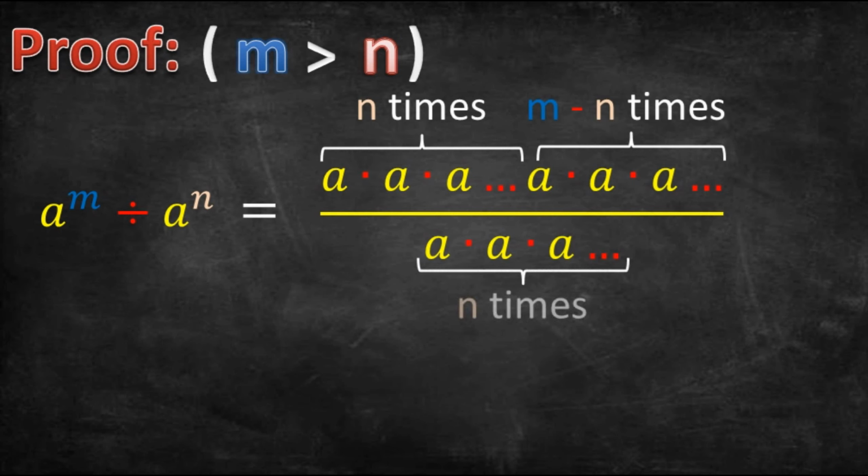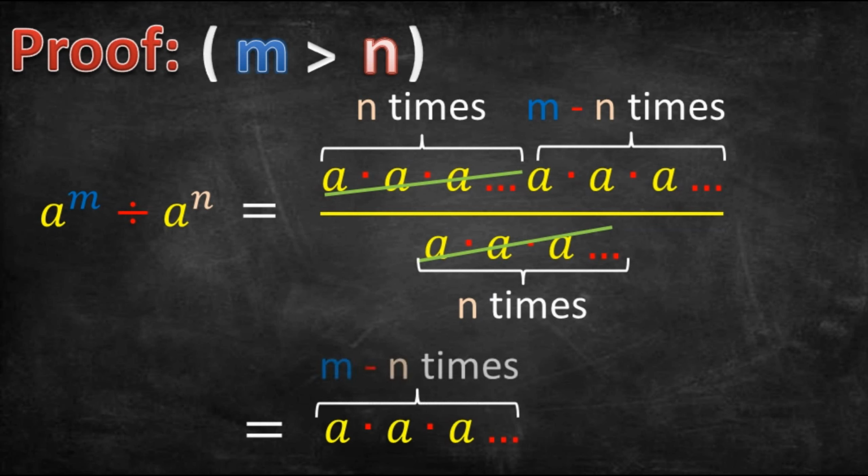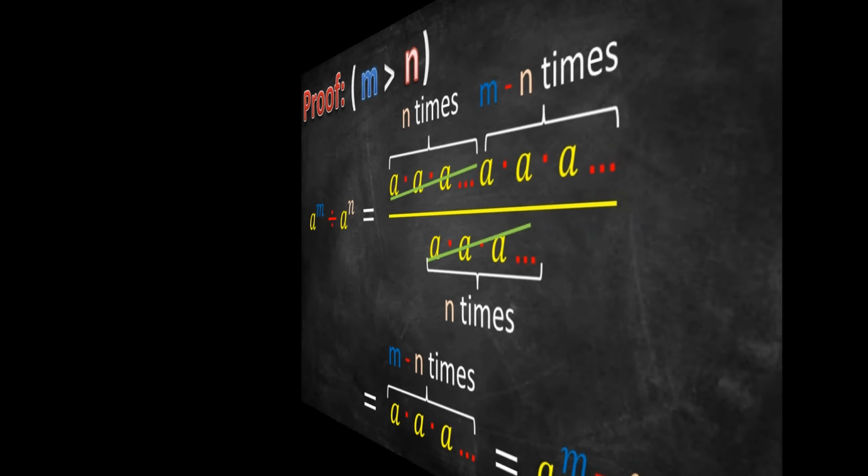The a multiplied by itself n times in the denominator cancels with the a multiplied by itself n times in the numerator, and we are left with a multiplied by itself m minus n times. In other words, a to the power of m minus n.